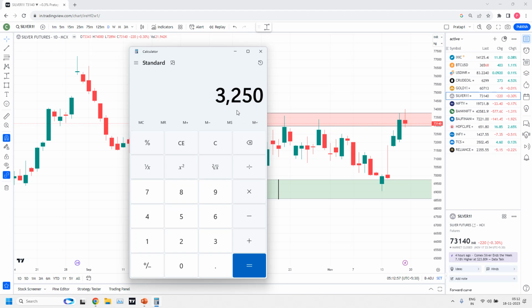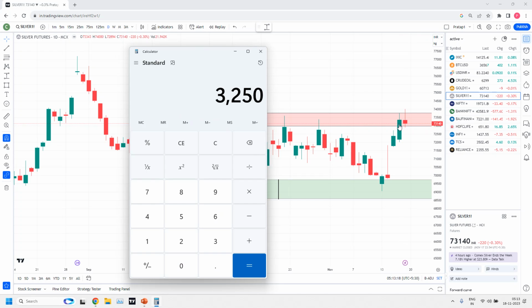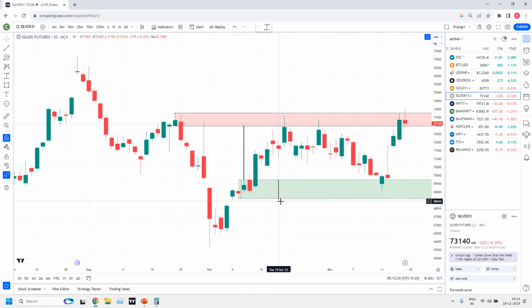Within how many days did you get this profit? This is the trade day, that is the 1st, 2nd, 3rd, and the 4th candle. The first day you bought, the 4th day you sold. In just 4 trading days, you have got a profit of 3,050 rupees by using the concept of demand and supply zones.